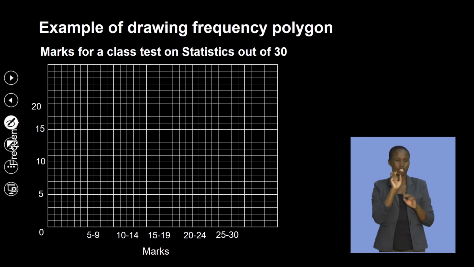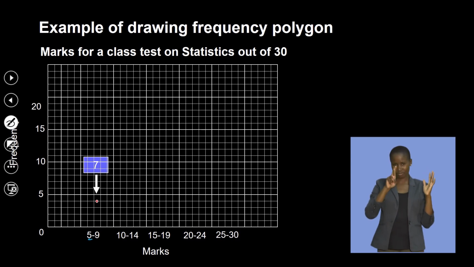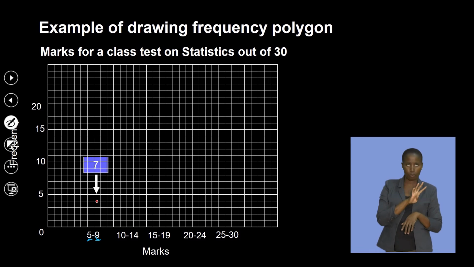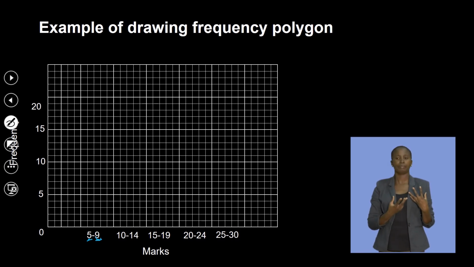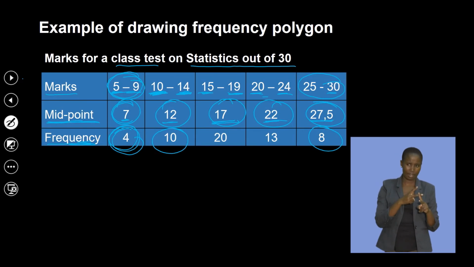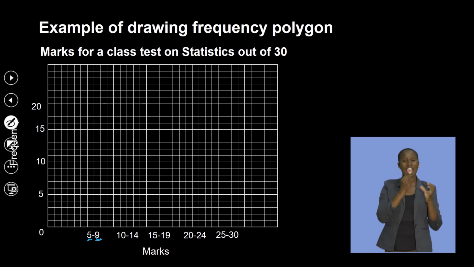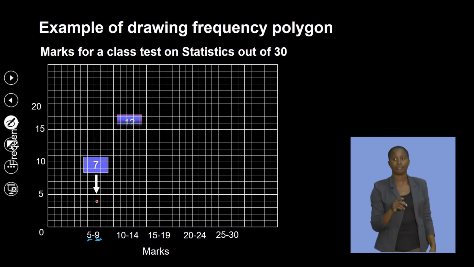This is our grid. So the midpoint for 5 and 9 is 7, and the frequency is 4. Okay, there we are.